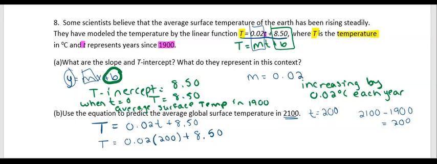So if we multiply this through, it looks like we will get 12.50 degrees Celsius. So that means that our estimated temperature in 2100 would be 12.5 degrees Celsius.